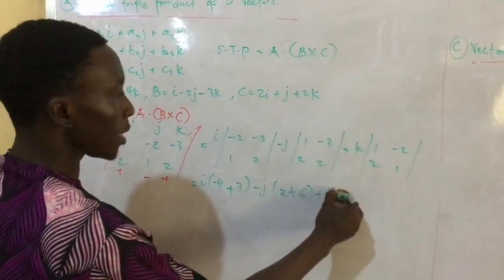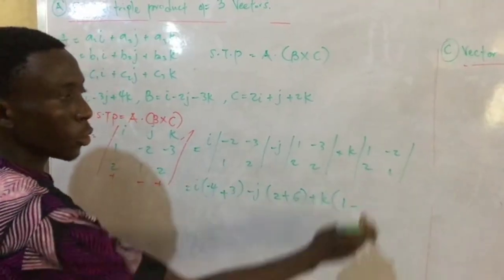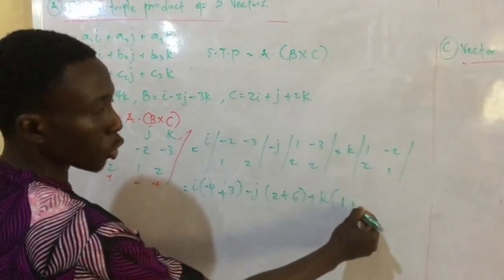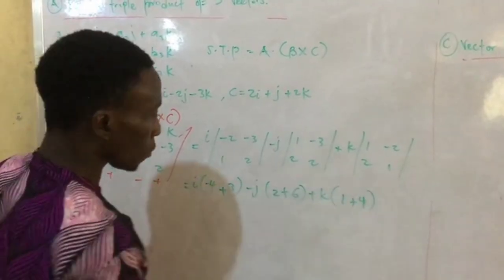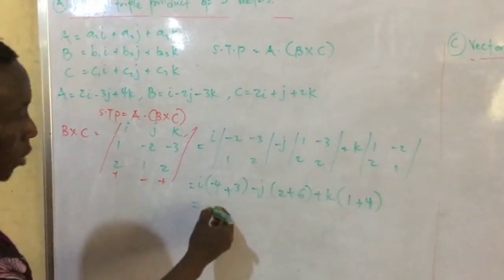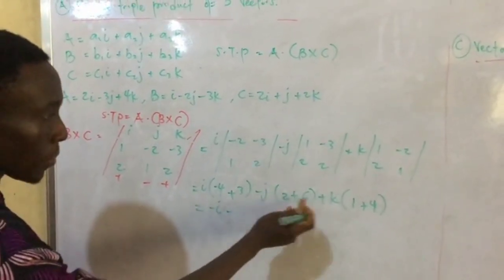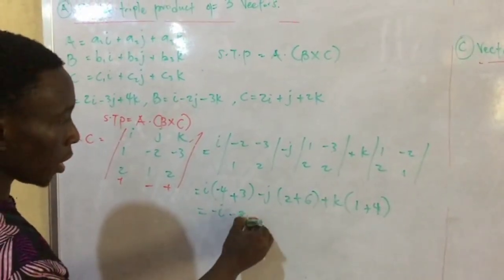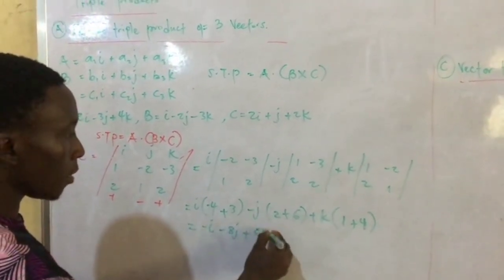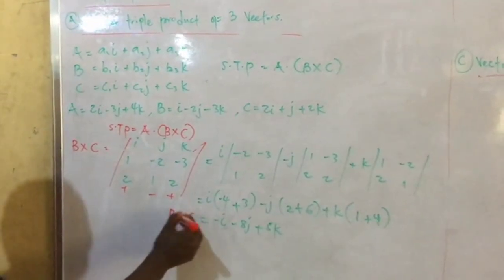Then plus K, open your bracket: 1 times 2 is 2 and minus 2 times 1 is minus 2, which turns to plus, so we have plus 4. Here we'll have minus 4 plus 3, that's minus 1. So we have minus I, then minus 2 plus 6 is 8, minus 8J plus 5K. That is our value for B cross C.